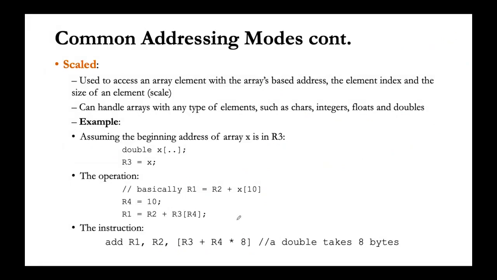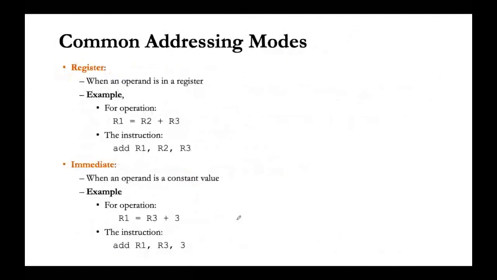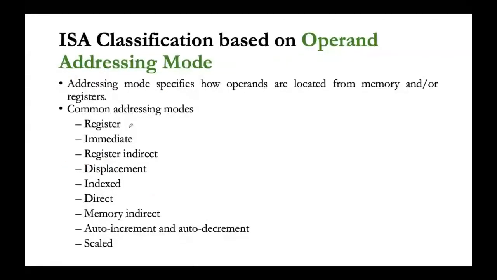These are the different addressing modes which are used to design the ISA, and based on that the classification can be done. One is register: the operands are located within the register only. Immediate means one operand will be in the register and the other operand is a direct constant value. In register indirect, the address of one of the operands is mentioned.